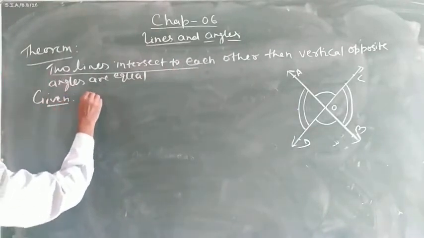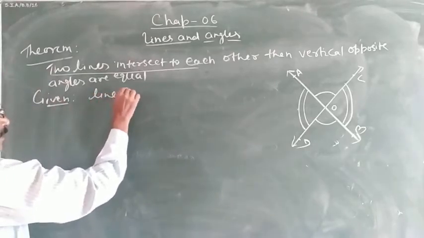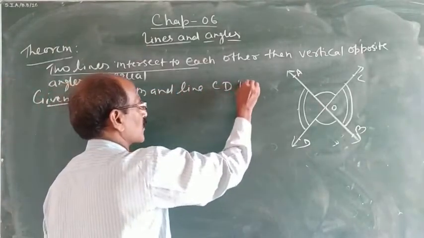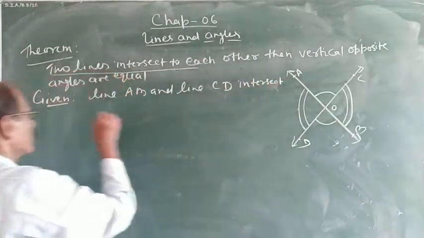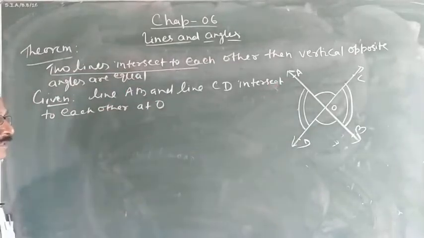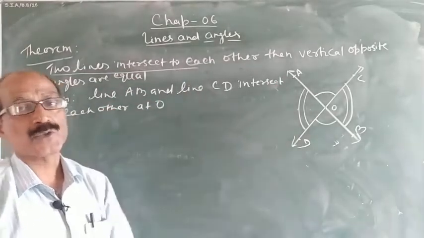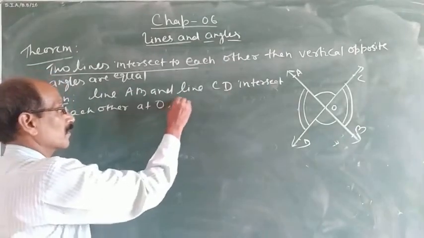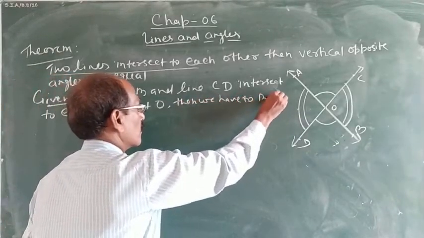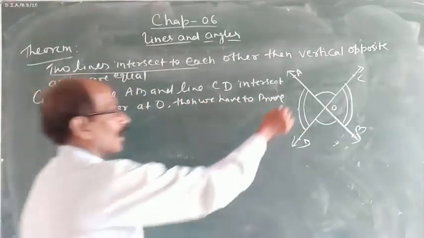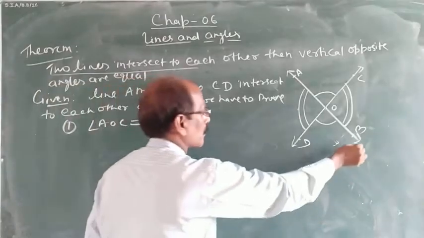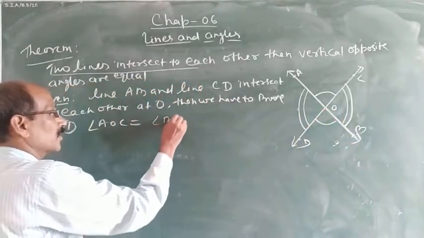Given: lines AB and CD intersect each other at O. Then we have to prove: first, angle AOC is equal to angle BOD.